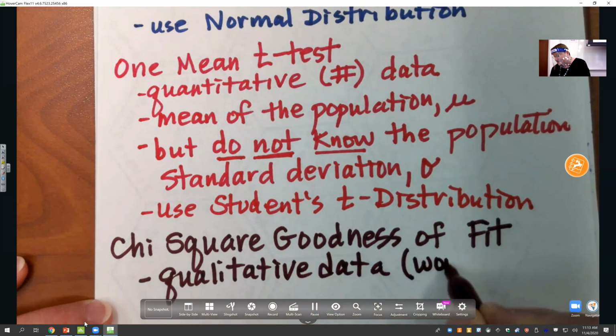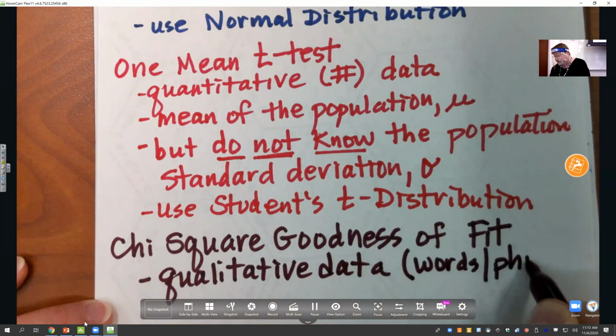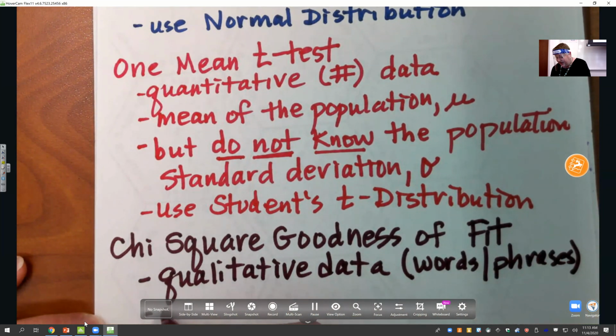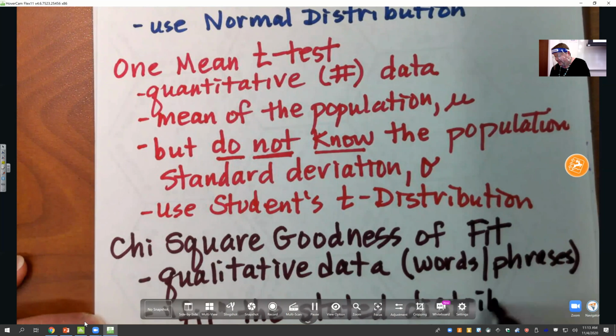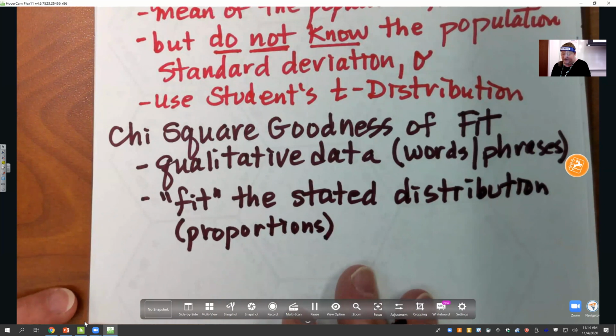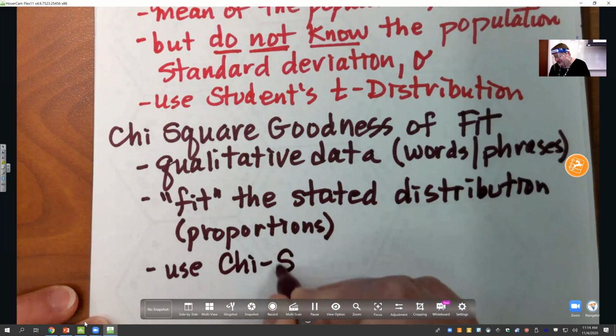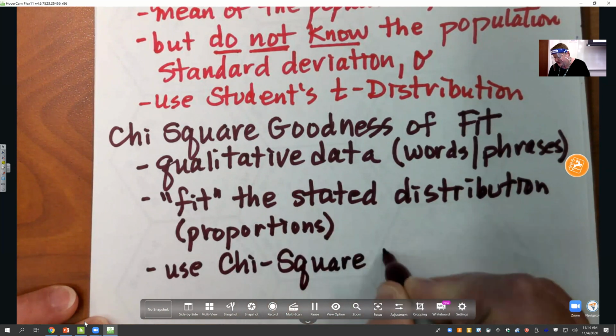So we had words or phrases, and we were looking at how well our data fit the stated distribution. Primarily it talks about that in terms of proportions, if you want to think about it from that perspective. And we used the chi-square distribution.